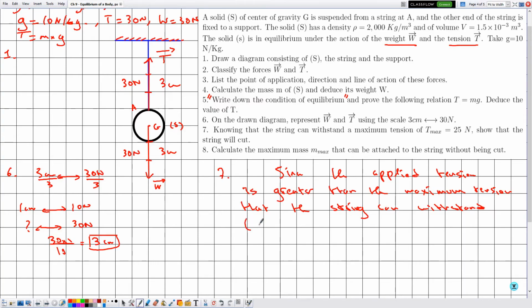And this is because 30 newtons is greater than 25 newtons. And now we rephrase the following statement: then the string will cut.